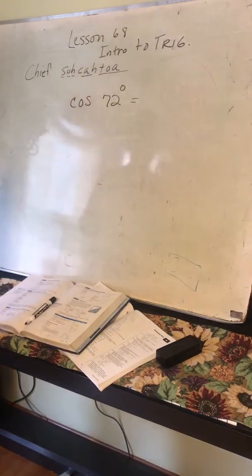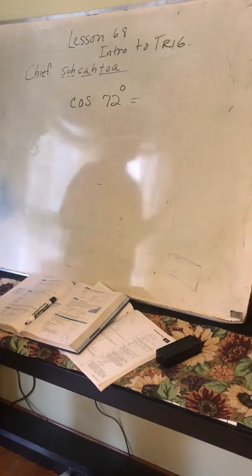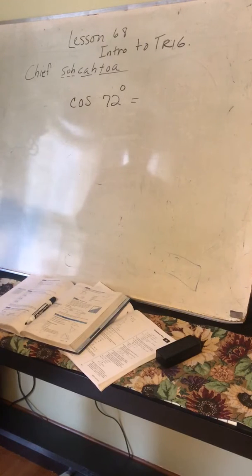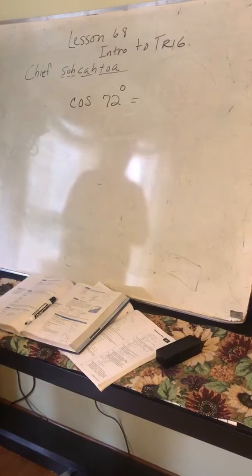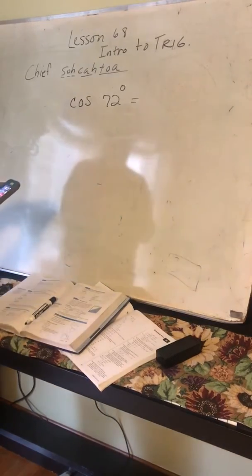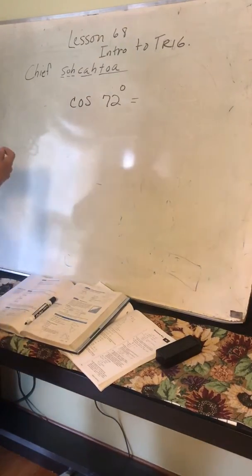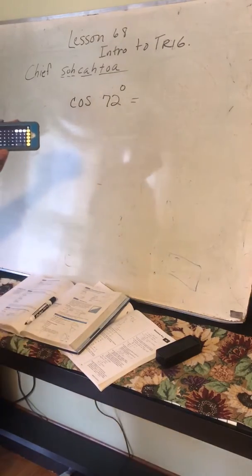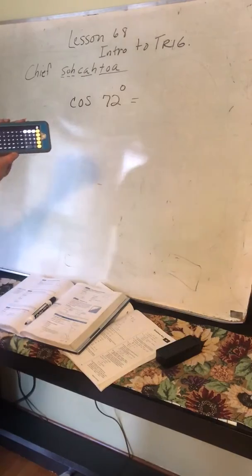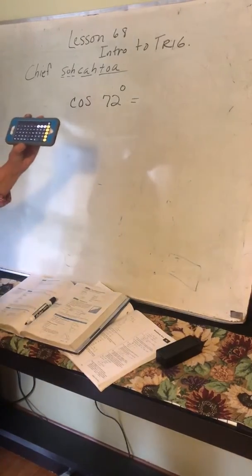If we all use our phones, maybe it won't be different. If you have trouble with it, you can call me and we'll try to get it worked out together. Go ahead and clear your calculator, and use a phone if you can, because this will be easiest.